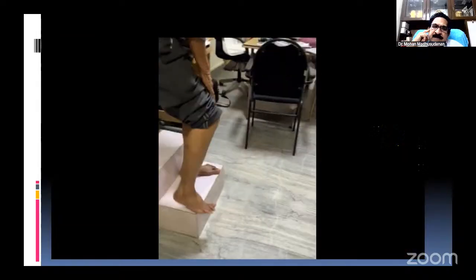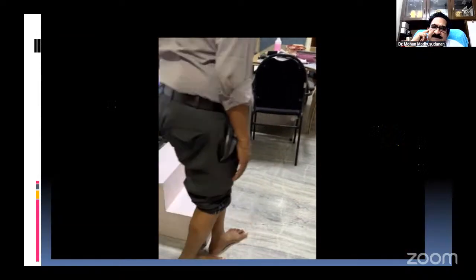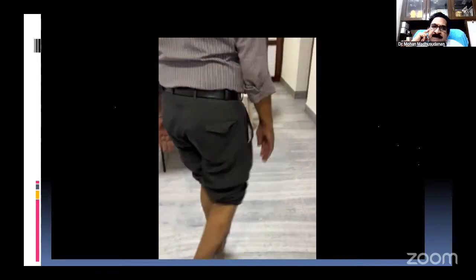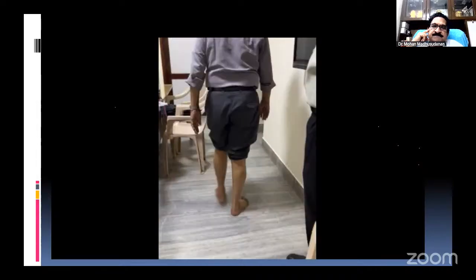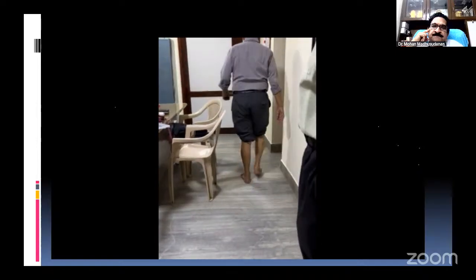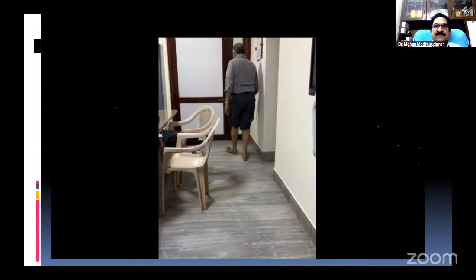And look at the gait now. Romberg's is negative. This is the gait of the patient. He walks slow.